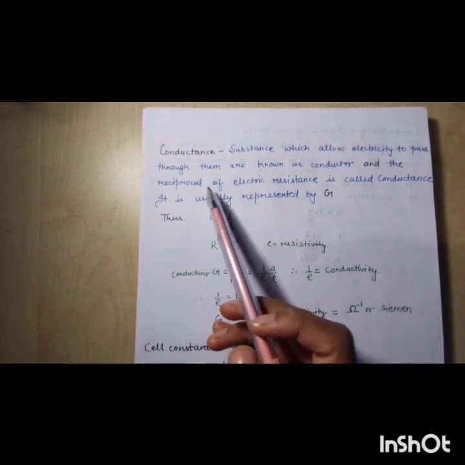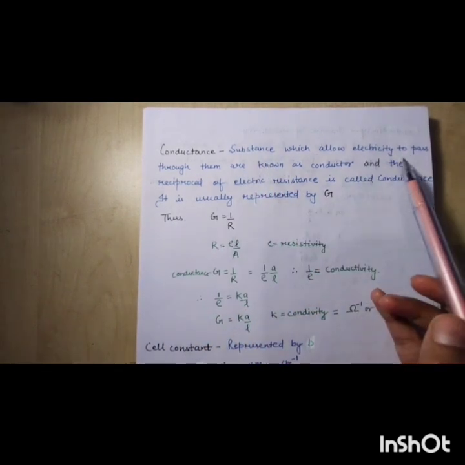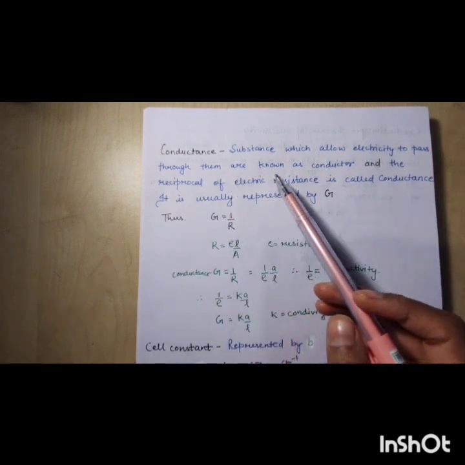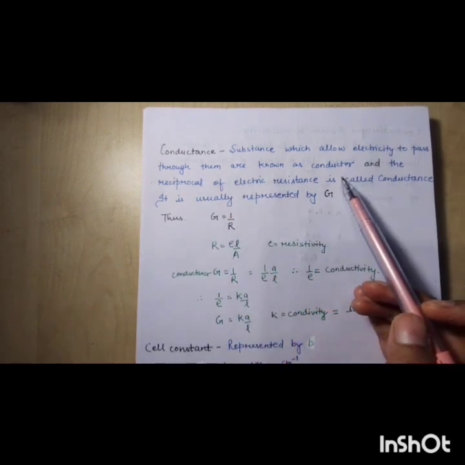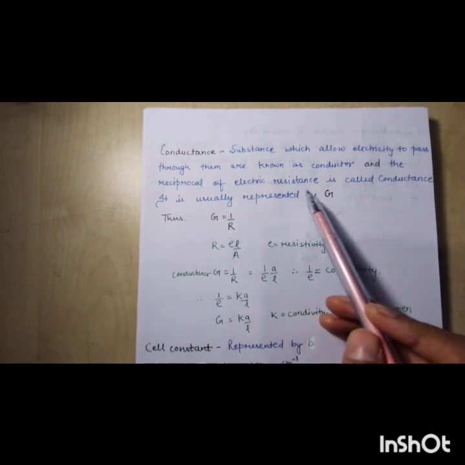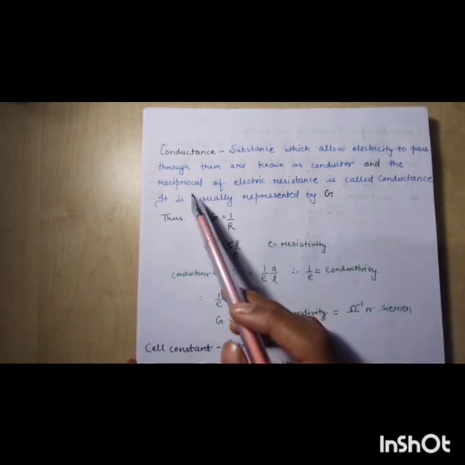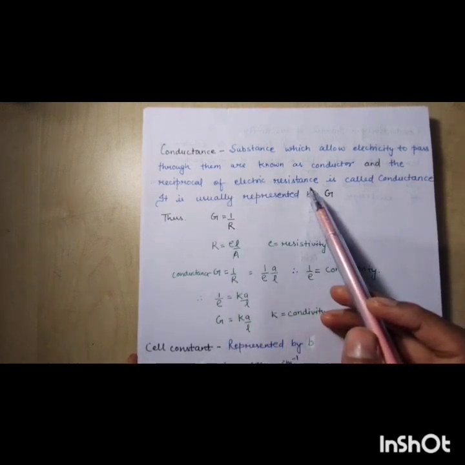Our next topic is conductance. As you know, substances which allow electricity to pass through them are known as conductors. And what is conductance? The reciprocal of electric resistance is called conductance.